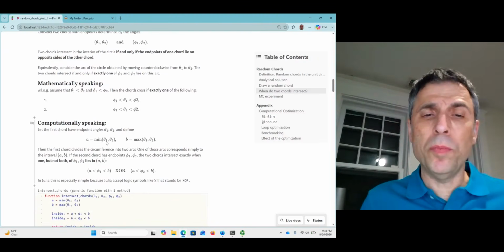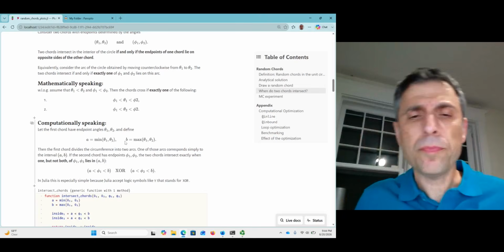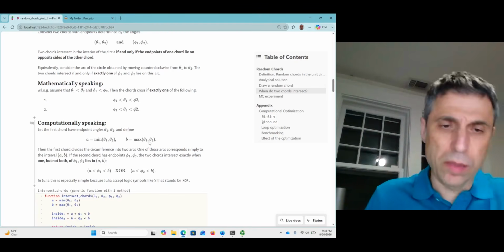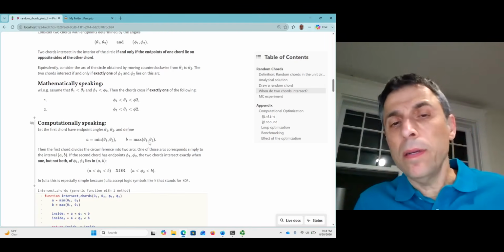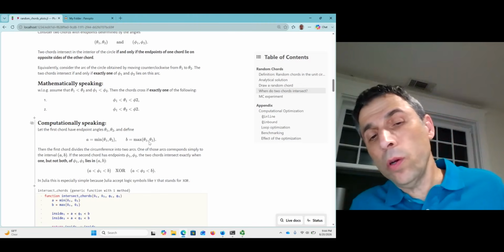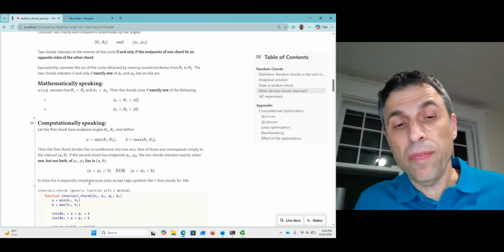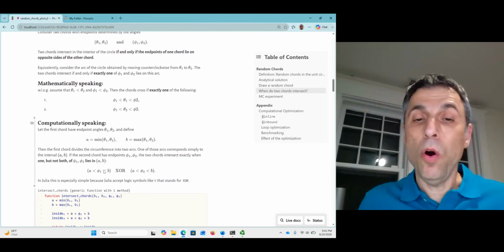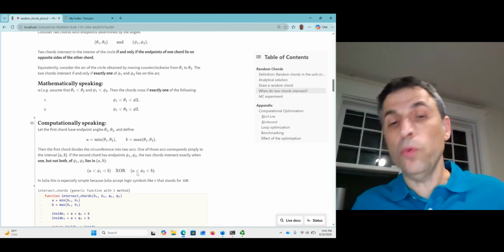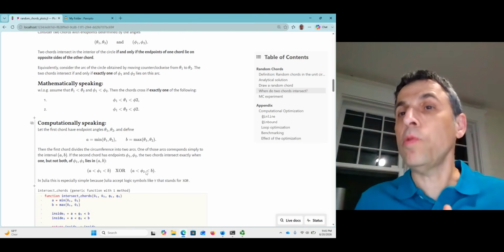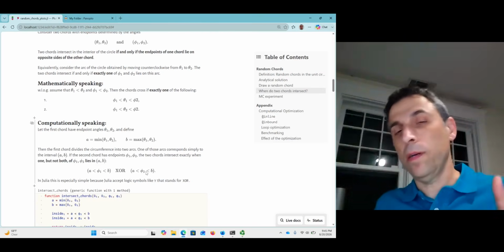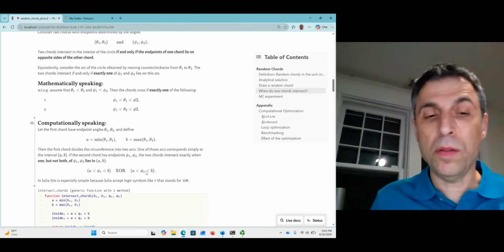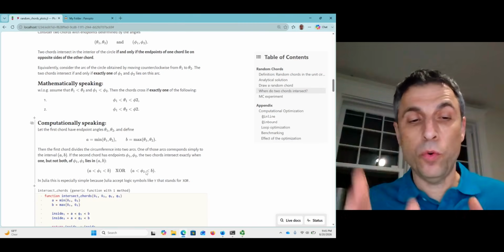Let's call A the minimum between theta 1 and theta 2, and B the maximum, the other point. The two chords will intersect if either phi 1 is between A and B, or phi 2 is between A and B, but not both of them. Because then they are completely on the other side of the chord.